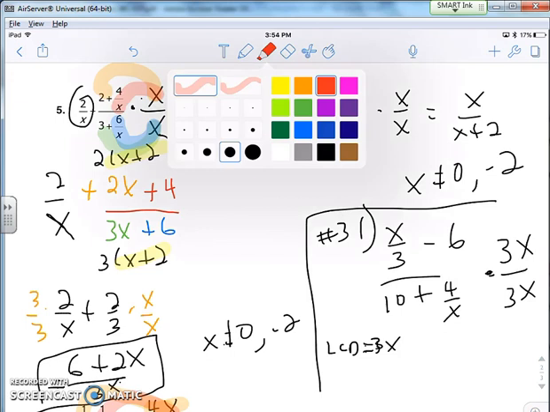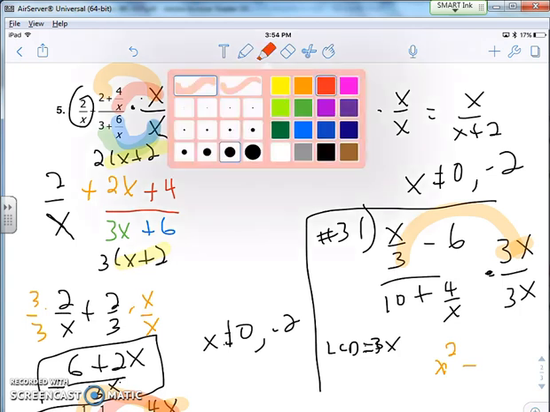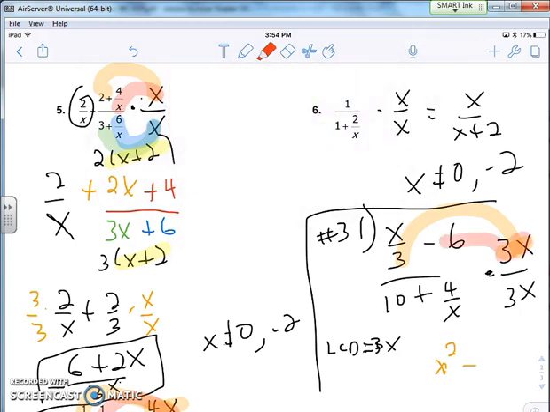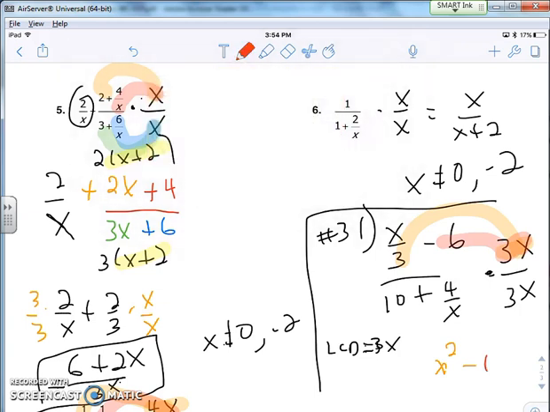So we'll start with 3x times x over 3. And that gives us x squared minus 6 times 3x, and that'll give us 18x all over 10 times 3x.